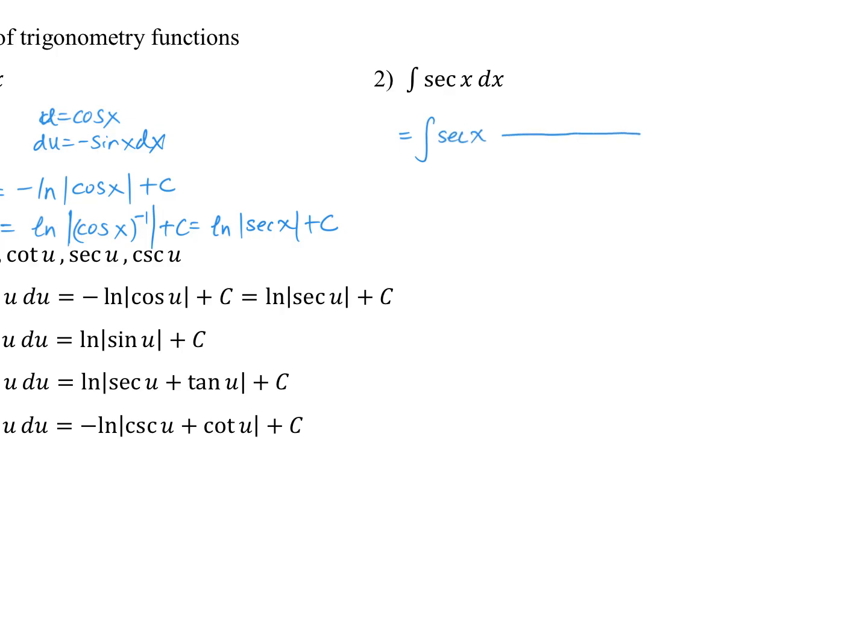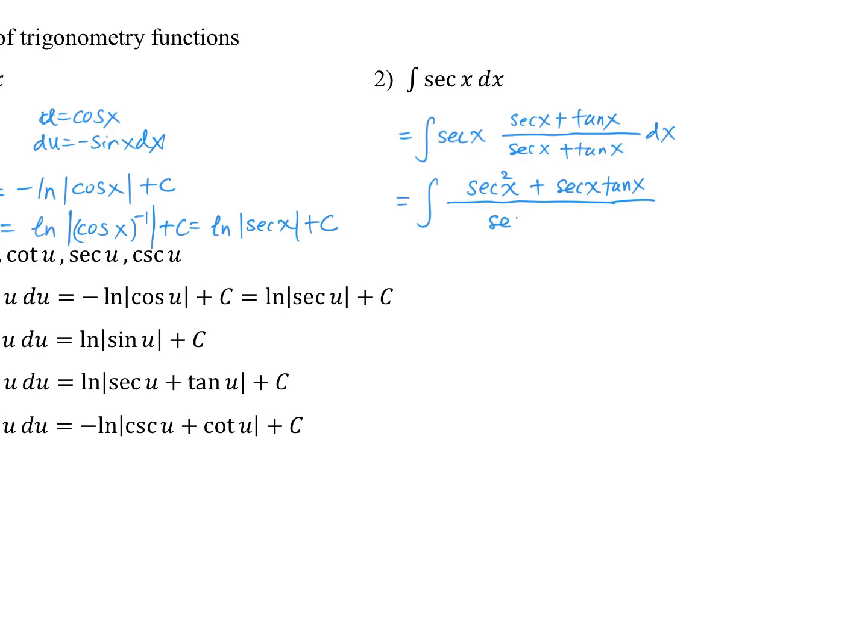first multiply the top and bottom by secant x plus tangent x over secant x plus tangent x, basically multiplying by 1. And you will see that when you multiply the numerators, you have secant x squared plus secant x tangent x.